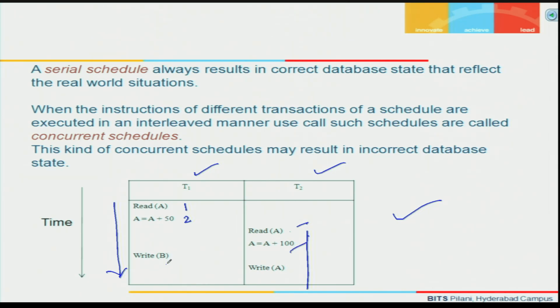Then instruction 3 of T1 is taken up, and then instruction 3 of T2 is executed. In this schedule, the instructions from different transactions are executed in an interleaved way. This is called a concurrent schedule, and it may result in an incorrect database state, but the advantage is that it will definitely increase the throughput of the application or the process.